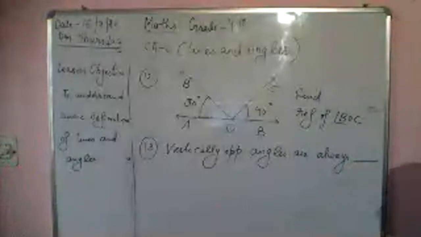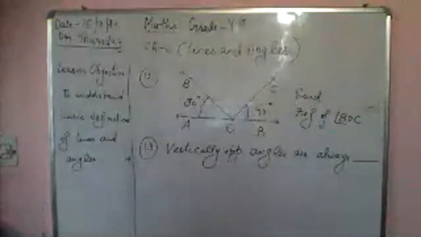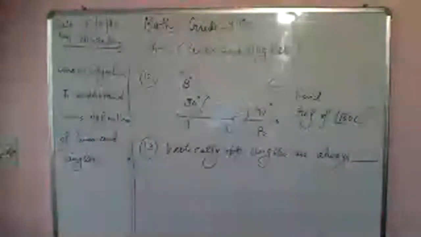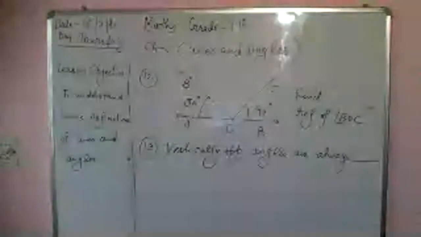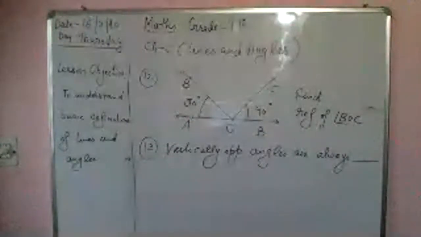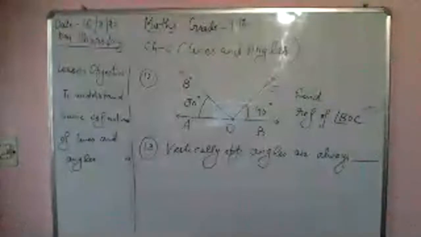So vertically opposite angles are always dash. Okay, written? I'm writing your next question.